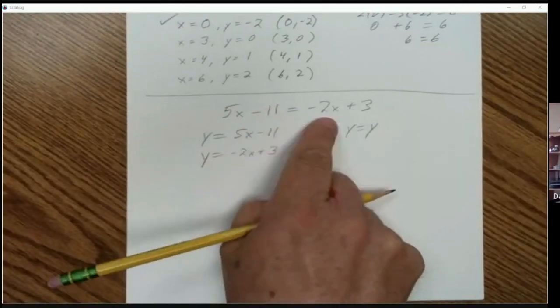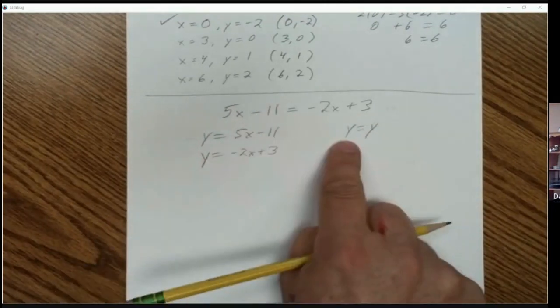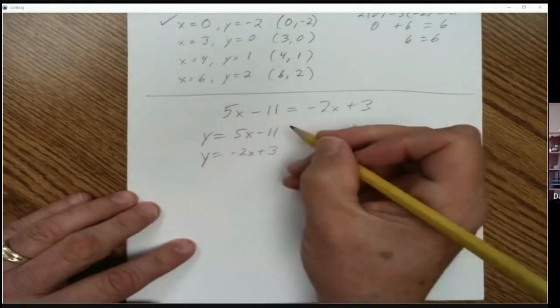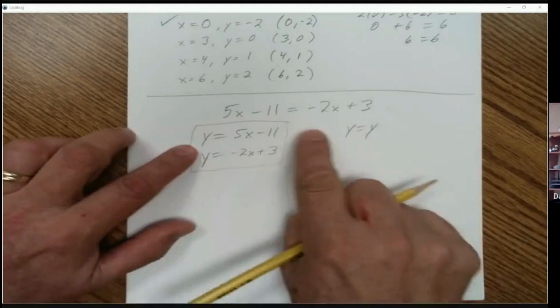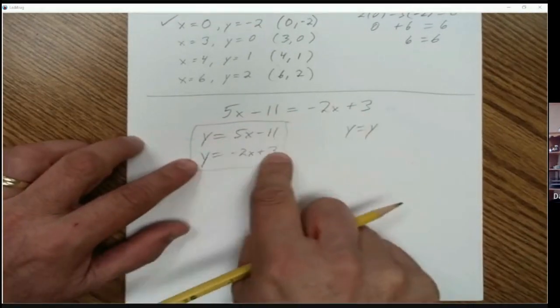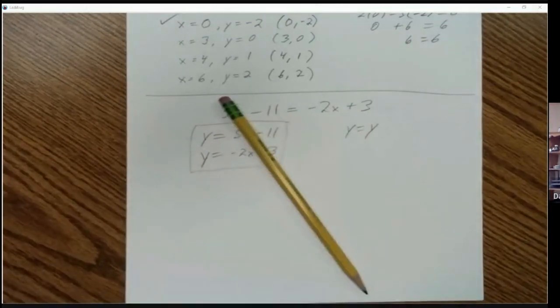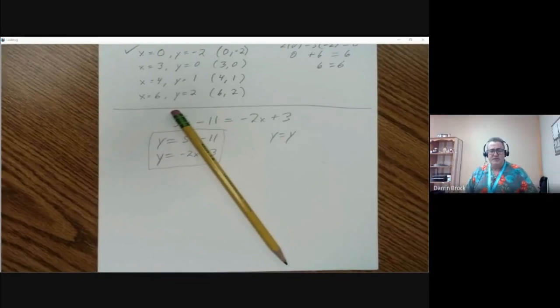I said there is an x where these will be equal to each other. So y equals y, right? But if I substitute this, this is y, this is y, I have a system of equations now. And I can graph that and get the answer as opposed to doing it algebraically.